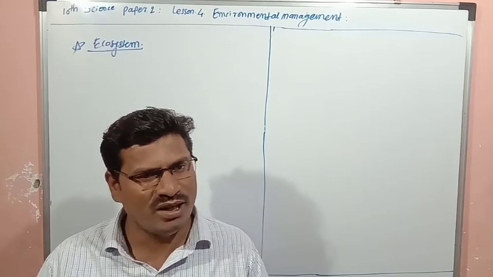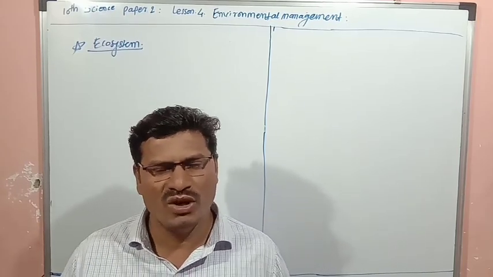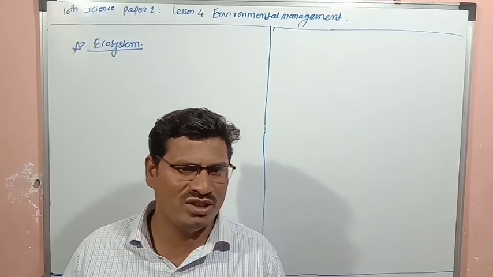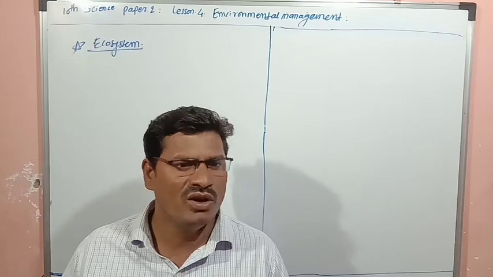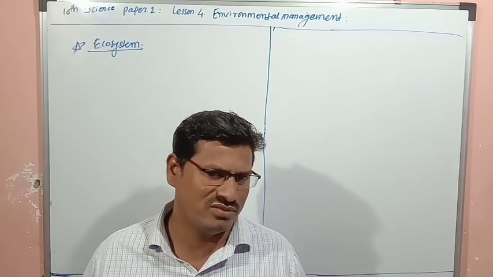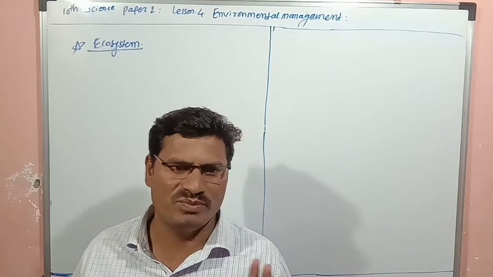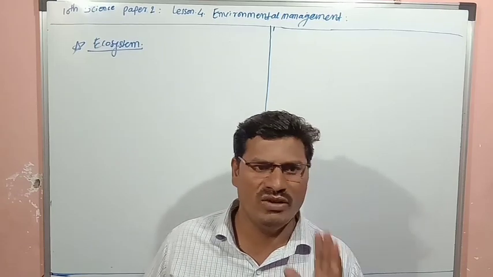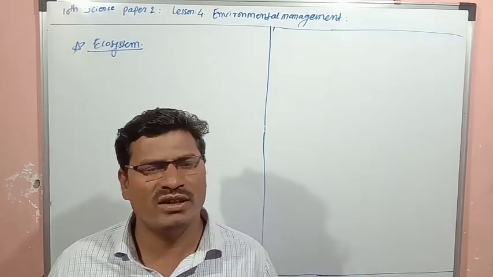So what is meant by ecology? Ecology is the branch of science that deals with the study of interactions between biotic and abiotic factors, the living and non-living things present in the environment.